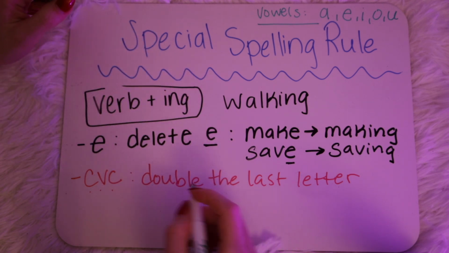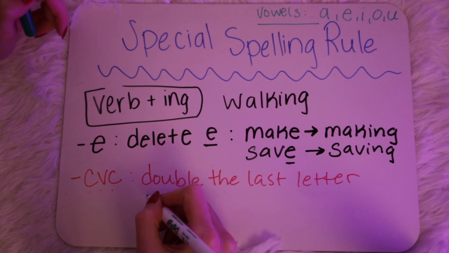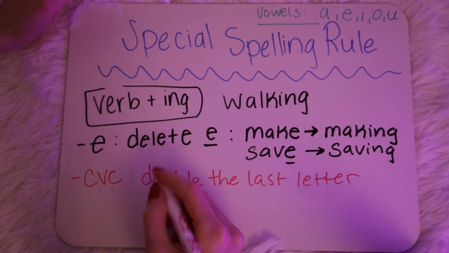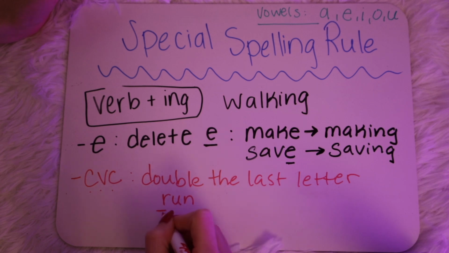for example, let's say the word, let's do it in red. The word run. R is not A-E-I-O-U, so it's a consonant.